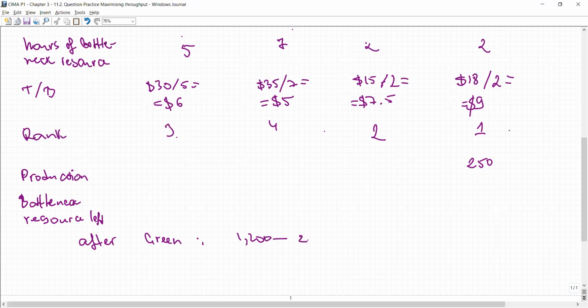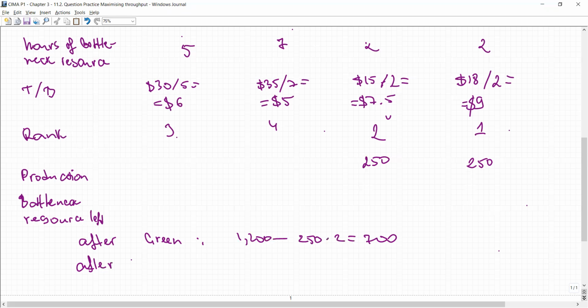1200 of full machine capacity minus 250 units multiplied by 2 hours that are required to produce a unit of product green. Okay, so we have some hours that we can spend on producing the next ranked product, which is blue. So we will try to satisfy full demand.